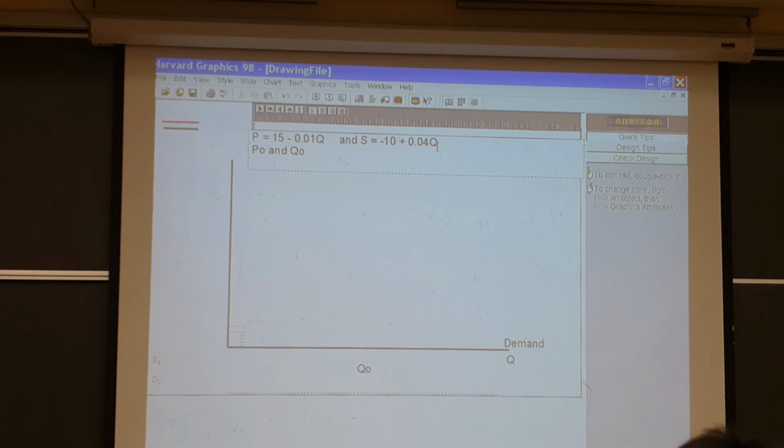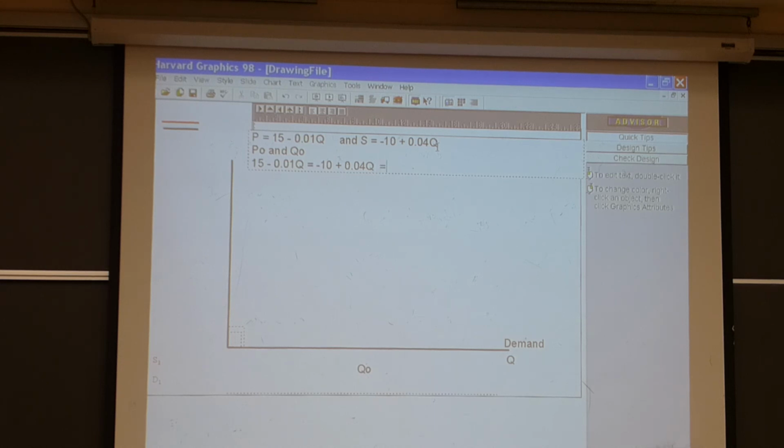All right, so what do we got? We've got 15 minus 0.01 Q equals minus 10 plus 0.04 Q. Probably on this exam I won't give you a minus just to start it off easy, but subsequently we can, for reasons we'll explain later.